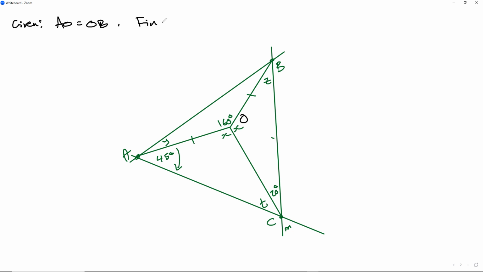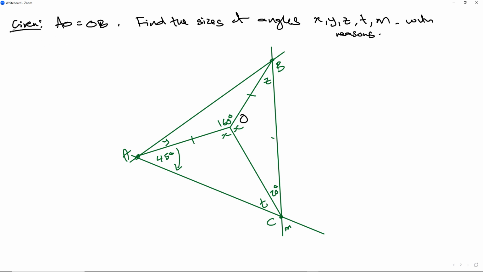I'm asked to find the sizes of angles X, Y, Z, and T. And M as well, small letter, with reasons. So we want to give reasons why they are that size. Give it a go, see what you got.